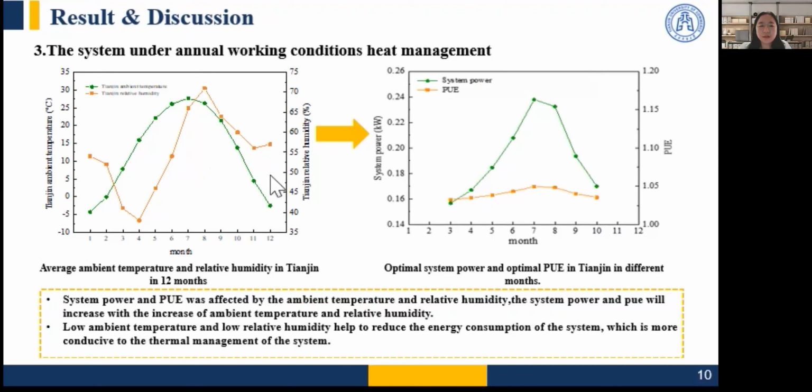They will increase with the increase of ambient temperature and relative humidity. Low ambient temperature and low relative humidity help to reduce the energy consumption of the system, which is more conducive to the thermal management of the system.